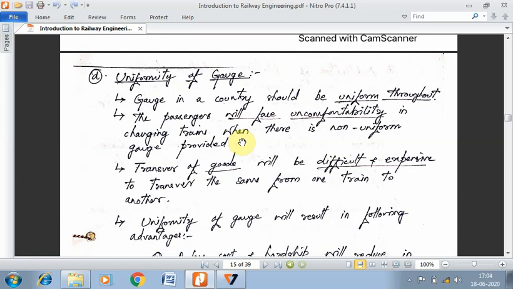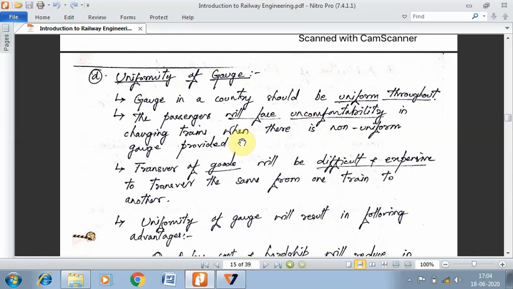All these mechanical specifications will change from vehicle to vehicle depending upon the gauge. So gauge in a country is expected to be uniform throughout as far as possible. It might not be possible to the 100% extent, but the variation should be as little as possible, right?